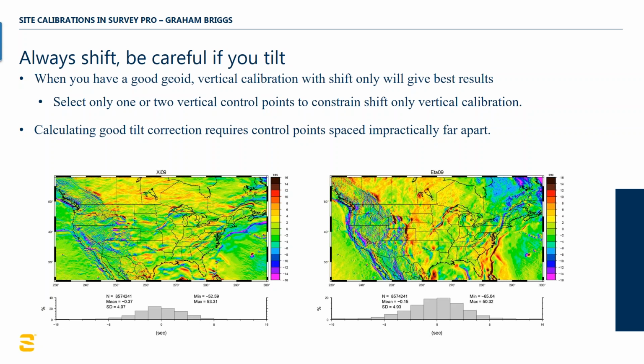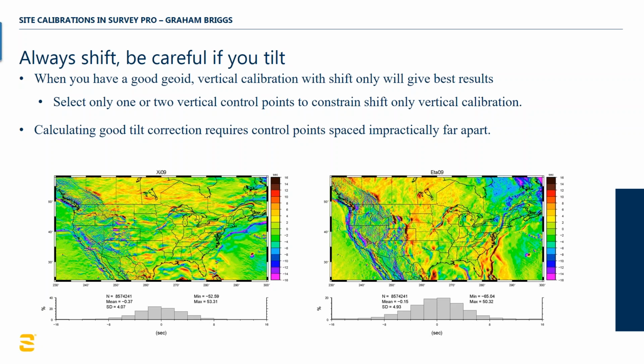Now, I'm showing you this picture not to suggest that you have to get control points on both sides of the nation. What you're looking at in this plot is actually a plot of the so-called deflection of the vertical across the United States, as an example. And you can see from the graph below, most values fall between 8 arc seconds and -8 arc seconds.